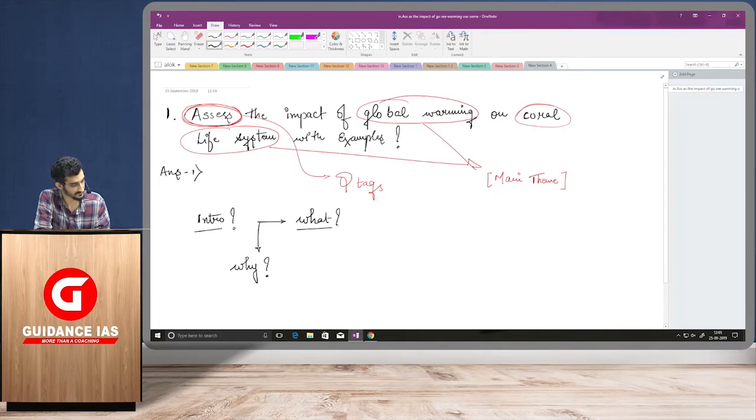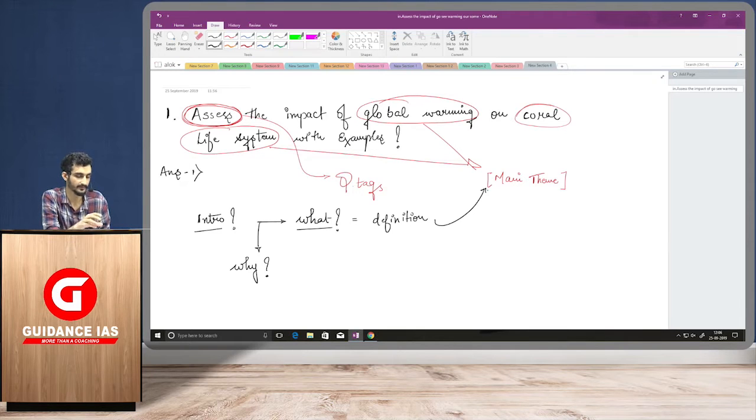So these are two ways in which you can start your introduction for every question in GS papers. What is basically the definition pertaining to the main theme of the question, but it is usually prescribed that if the theme is a bit unique and peculiar, then only you try to give a simple logical statement or definition.